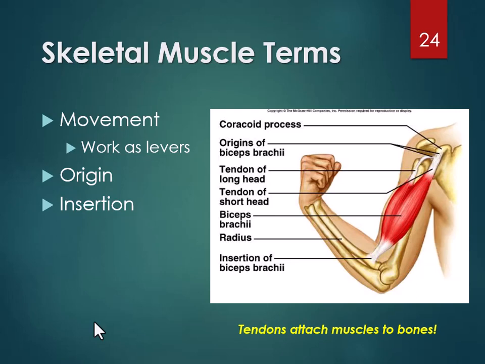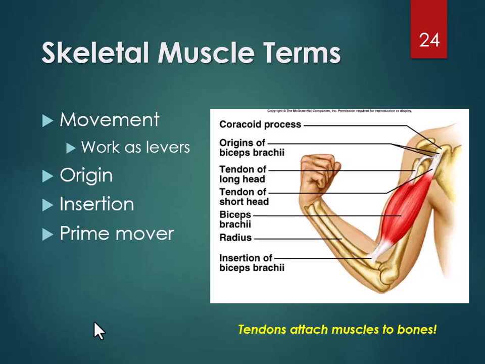And when the muscle gets short or contracts, the insertion bone, whatever bone the end of the tendon is attached to, is the one that moves. So if you think about it, when you flex your arm, the lower arm moves closer to the upper arm. Okay? The scapula doesn't move, but the radius does. So the origin is the attachment point of the bone that doesn't move, and the insertion is the attachment of the bone that does move.